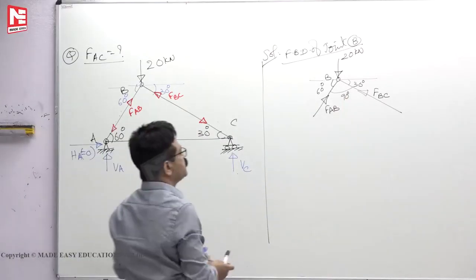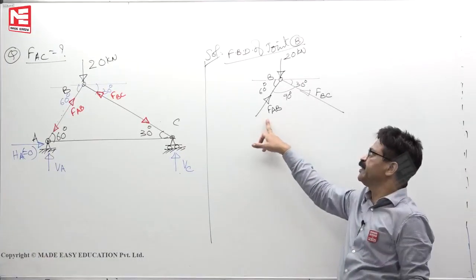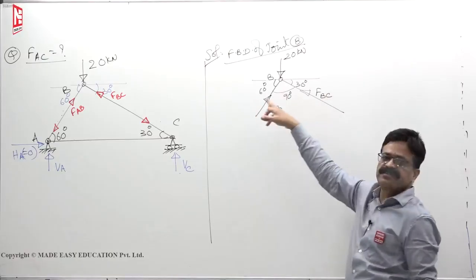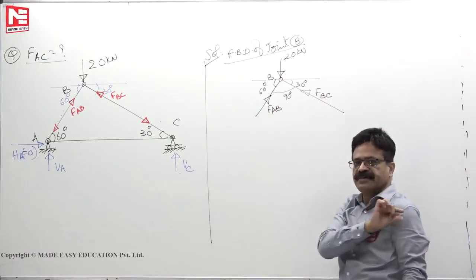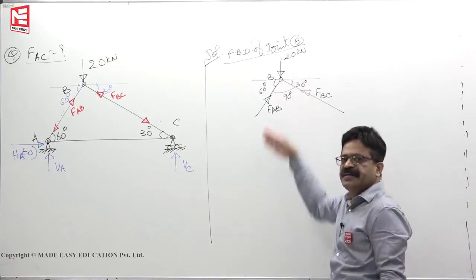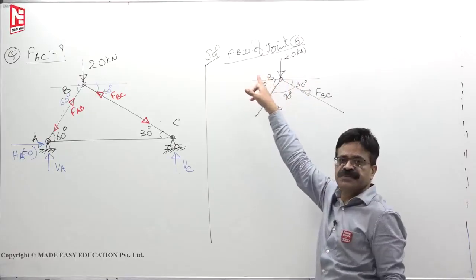Now we see. At a joint, now if I write sigma x is equal to 0 to find FAB, this also will come. FAB cos 60, FBC cos 30 is equal to 0. So, FBC one simultaneous, two unknowns with one equation will get. Then I have to write sigma y 0, FAB sin 60, FBC sin 30 minus 20 is equal to 0.